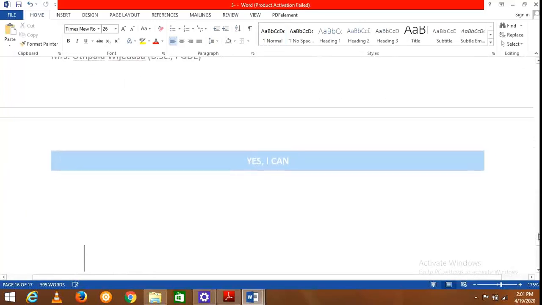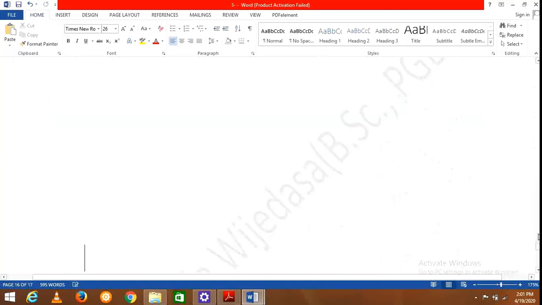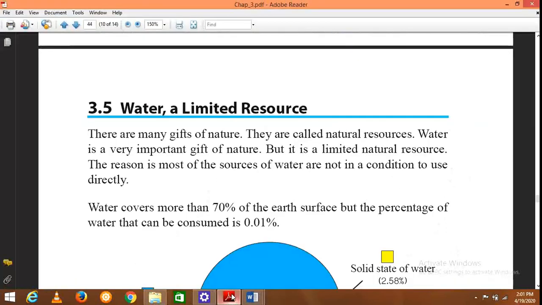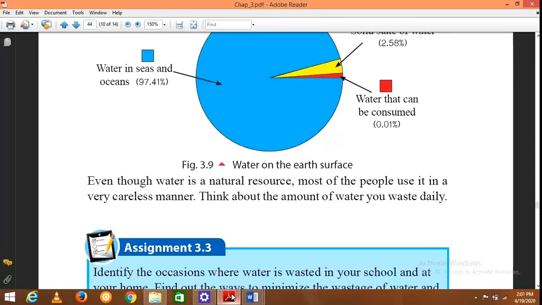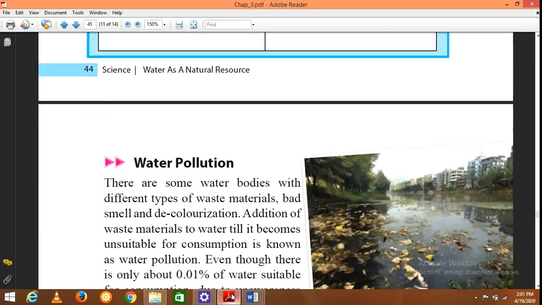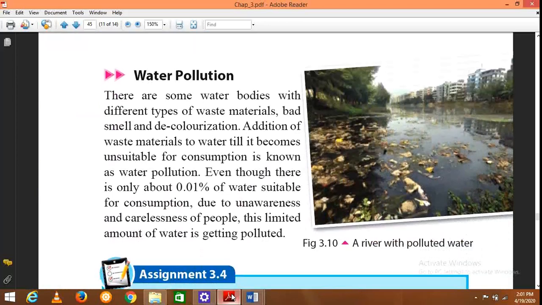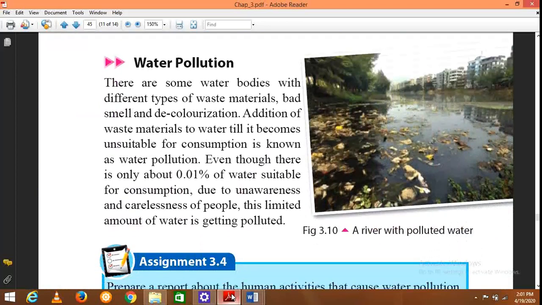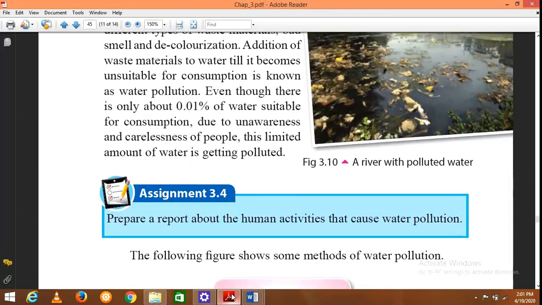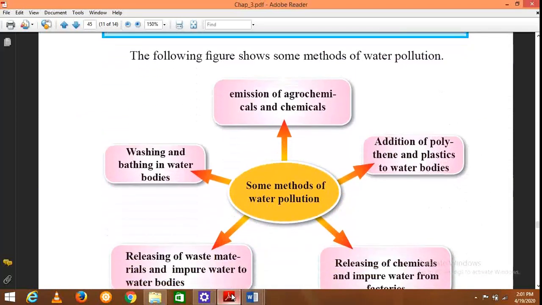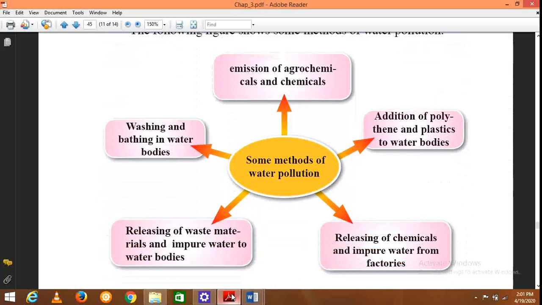Then you are asked to list out the methods of water pollution. So here you can see some of the methods by which water gets polluted. In our country you can see so many rivers with polluted water, and here the methods of water pollution are described. Emission of agrochemicals and chemicals.